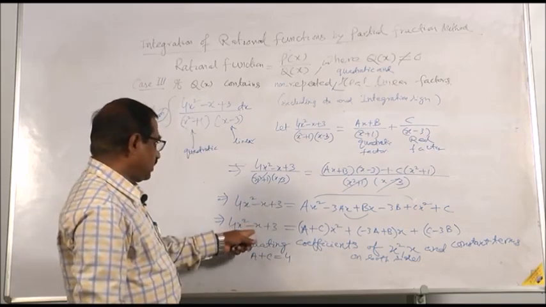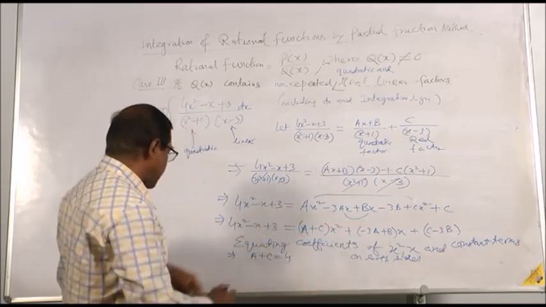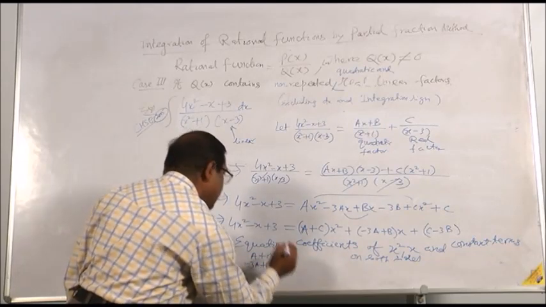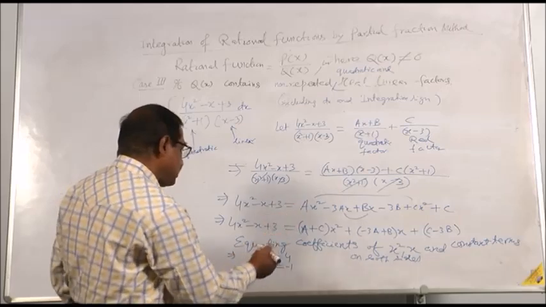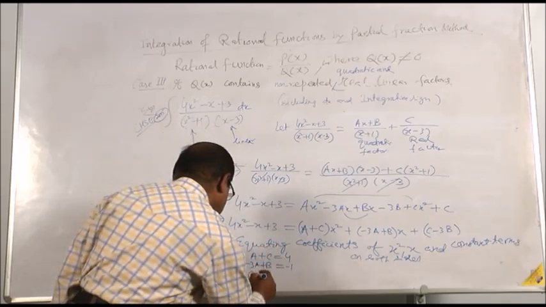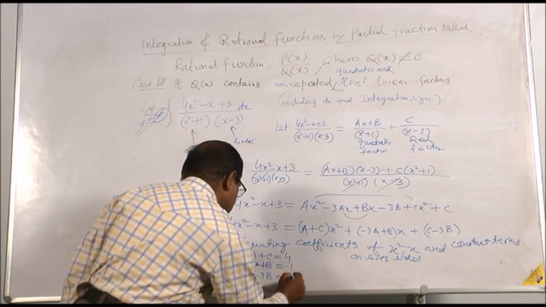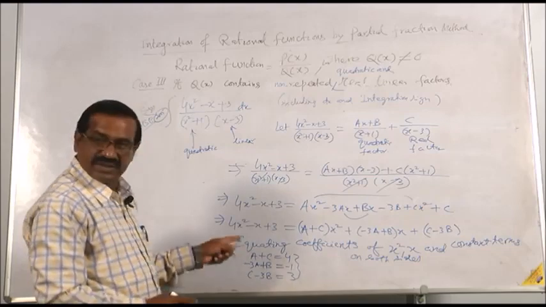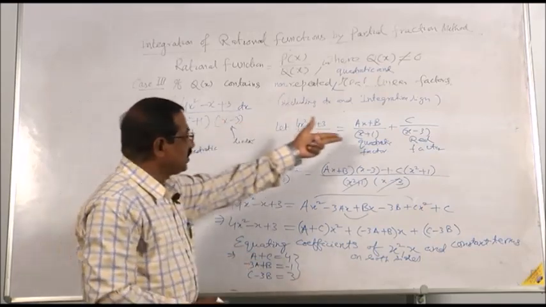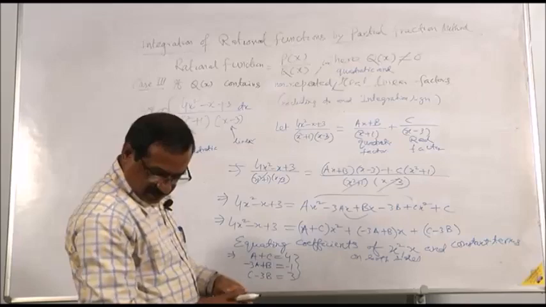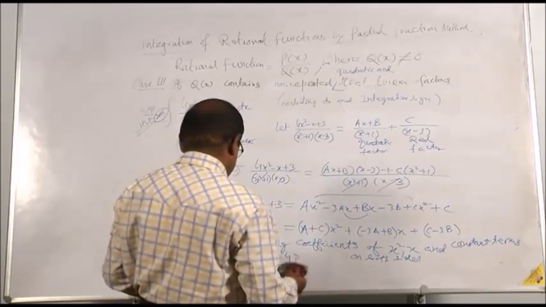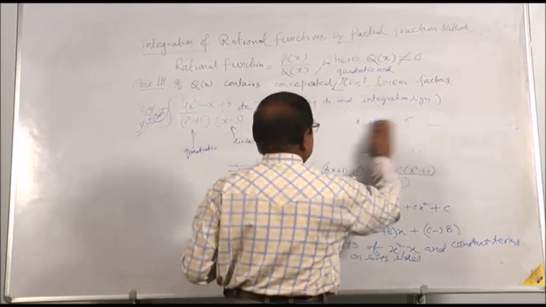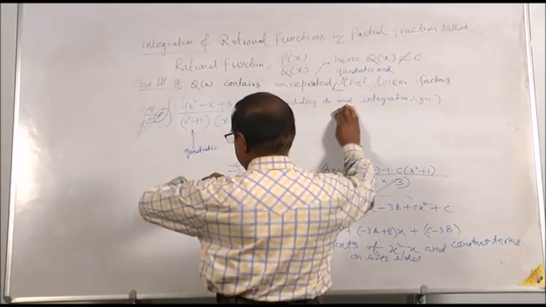Then minus 3A plus B is minus 1, and what is our constant? That is C minus 3B is equal to 3. So after solving these three equations, we can get the values of A, B and C, and you can put them in here and get the answer. Let us solve this, find the values of A, B, C.